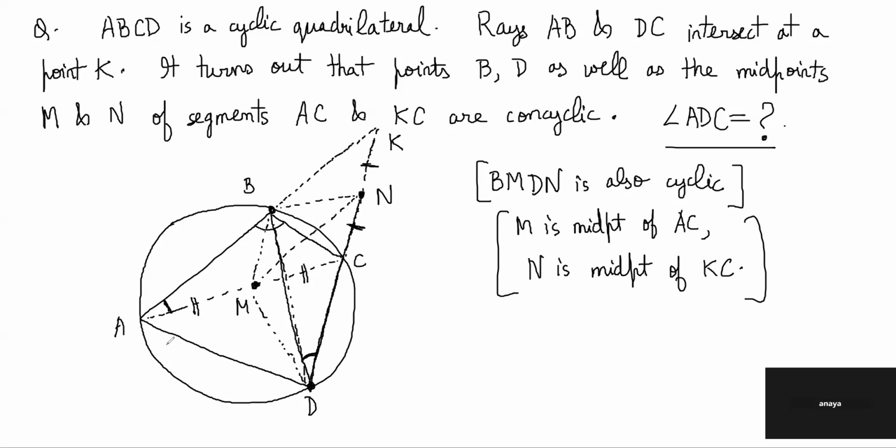Why was BDC equal to BAC? Because they're subtending the same arc. On which circle? On circle ABCD. Is there any other cyclic quadrilateral?